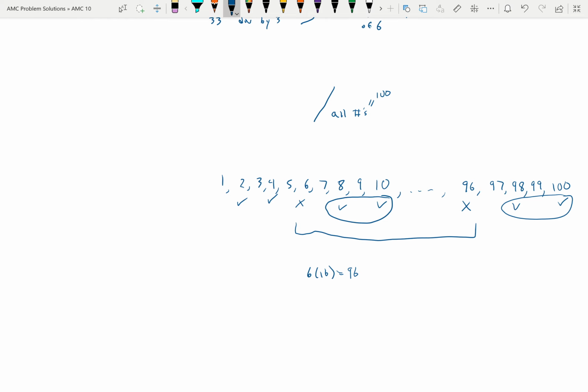So therefore, since there are 16 multiples of 6, there are going to be 16 times 2 numbers that are multiples of 2 and not multiples of 3. So that's 32.